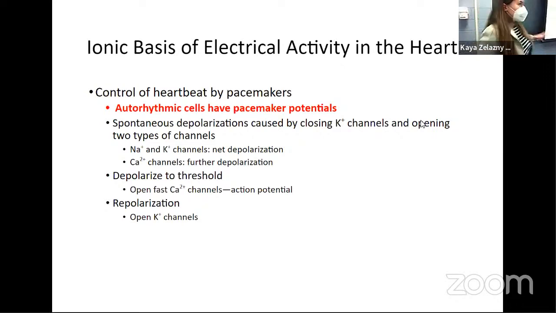It should not be surprising that ions have something to do with this process, right? So just like when we talked about neurons, we had ions controlling our action potential in our neurons. We have ions traveling in and out of these pacemaker cells as we create these depolarizations. So even though they're spontaneous, we still have ions traveling.